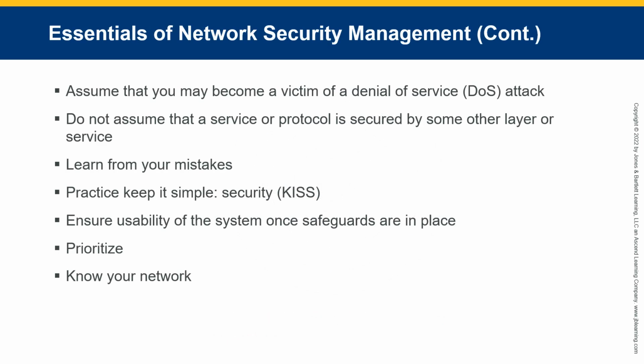All right, so here we have the essentials of network security continued. Assume you're always going to be a victim of a DOS attack. Not if, but when. Eventually any organization will have something like this happen to them. Do not assume that a service or protocol is secured by another layer or service.